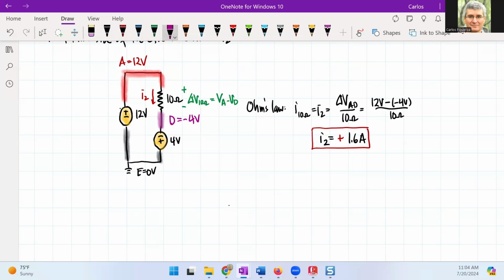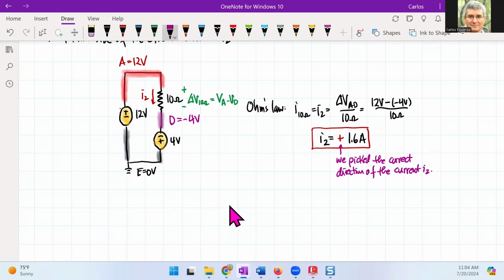This tells us here that we picked the correct direction of the current I2.